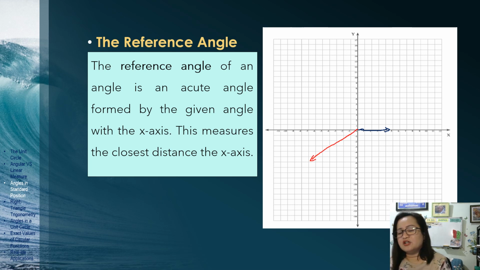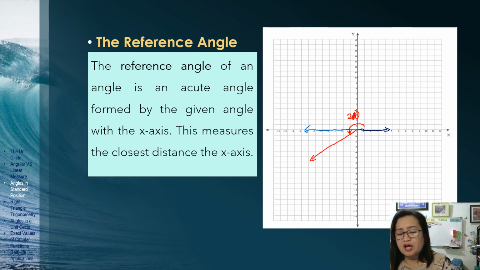Let's say we have an angle here. Let's say we have 210. Now the reference angle would be the angle formed with the x-axis. Since it's in the third quadrant, this will be the x-axis.